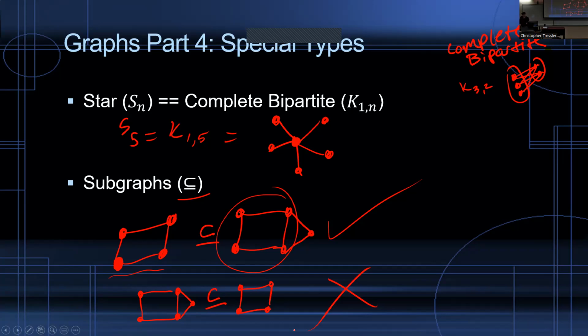So we have our cycle, right? Let's say we have our cycle like this. Would that be a subgraph of our wheel?